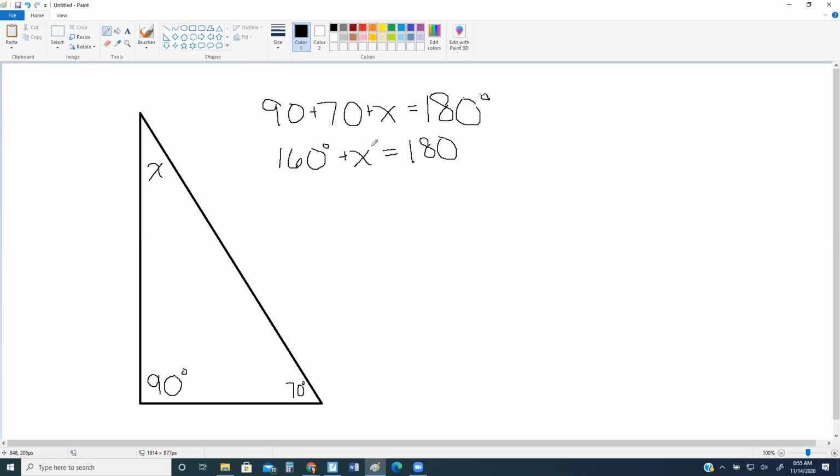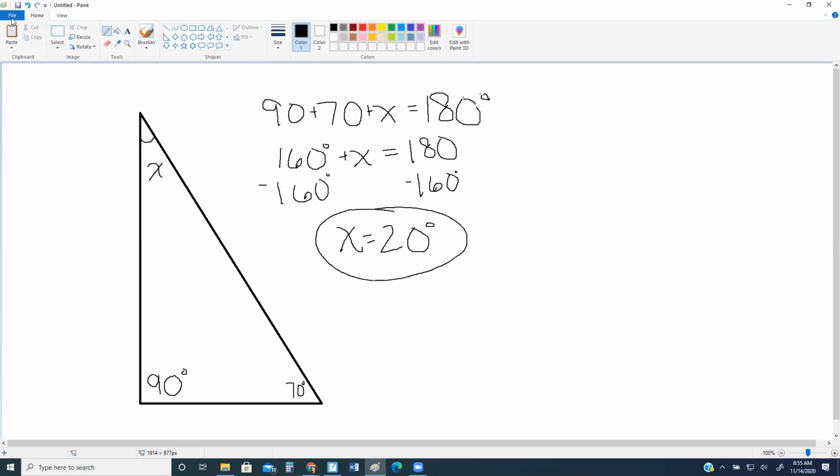Got to isolate that variable. We have added 160, so we're going to subtract 160. And we end up with x equals 20 degrees. And we do the does-it-make-sense test. We've got a nice little acute angle up here. Could this be 20 degrees? Totally, this could be 20 degrees. I'm going to circle it.